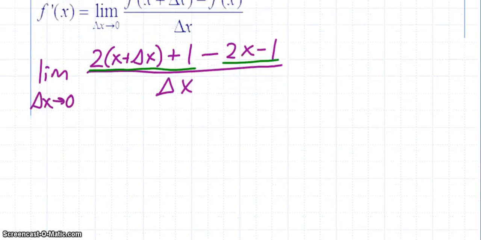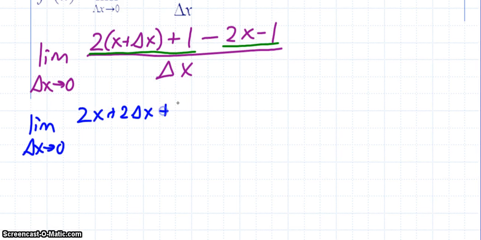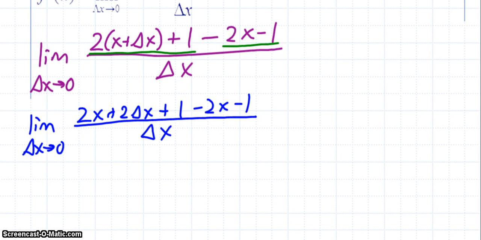So now we evaluate the limit. We need to simplify. The limit as delta x goes to 0 of 2x plus 2 delta x plus 1 minus 2x minus 1 over delta x.